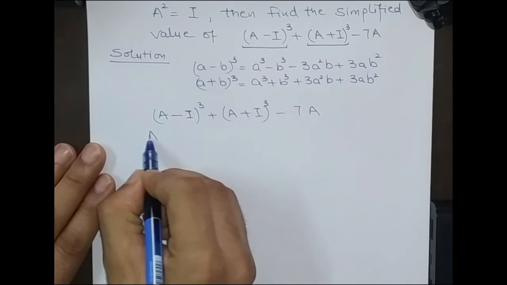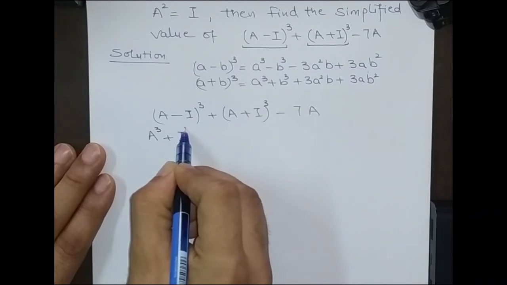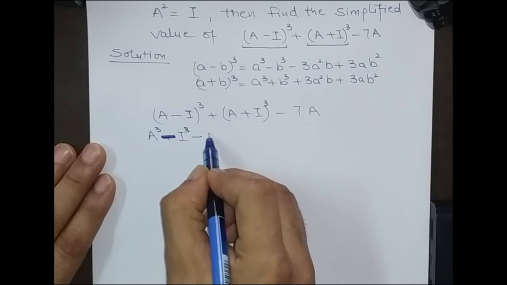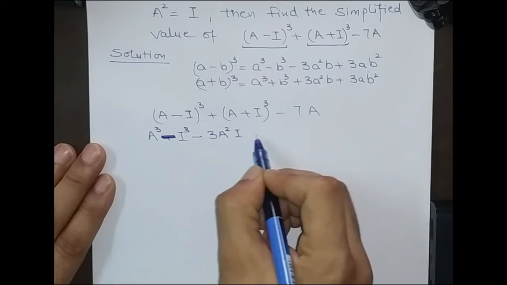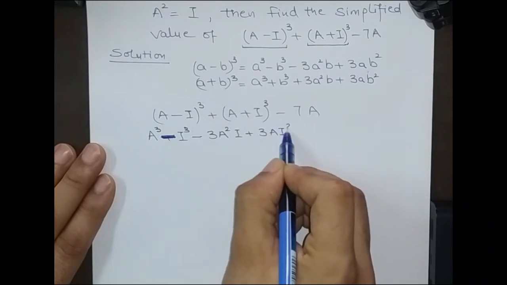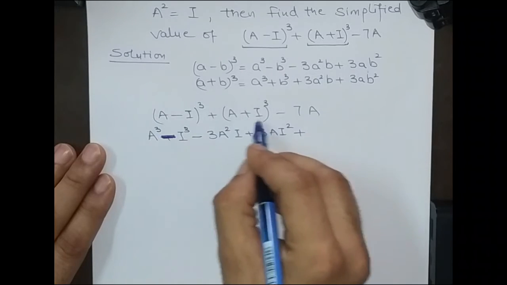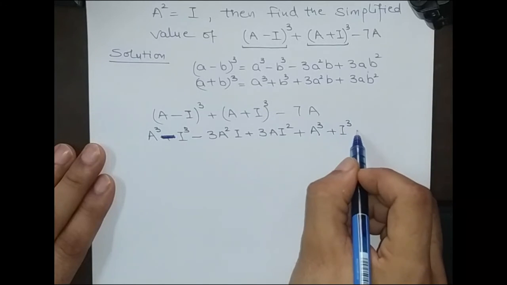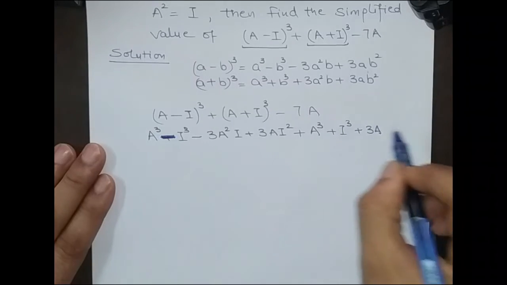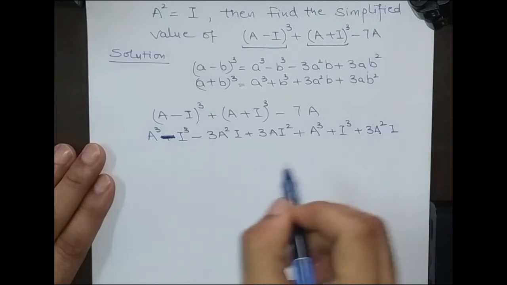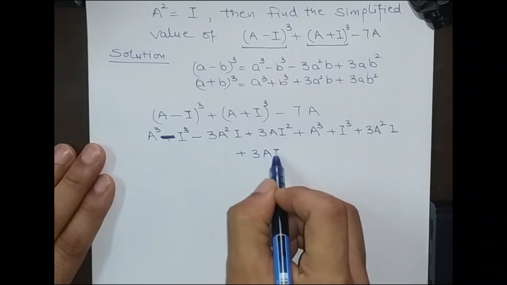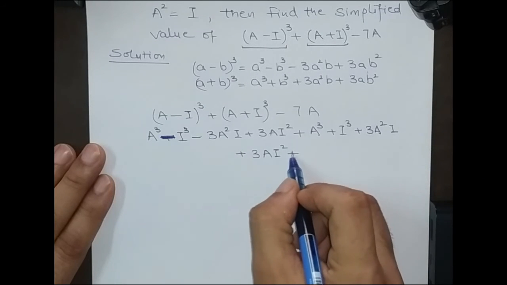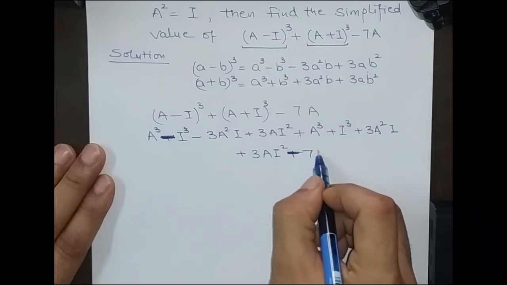It becomes A cube minus I cube minus 3 into A square I plus 3AI square, plus A cube plus I cube plus 3A square I plus 3AI square, minus 7A.